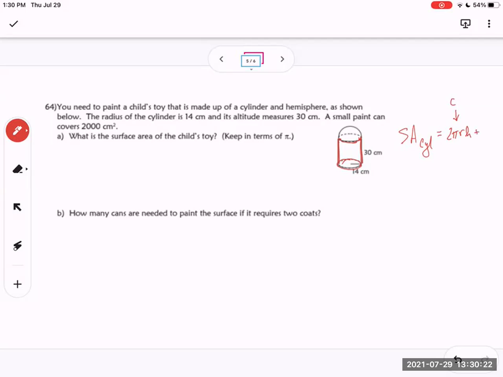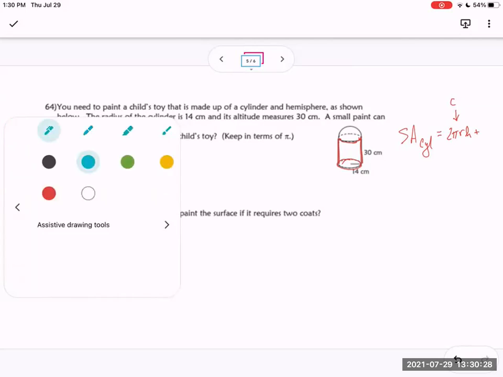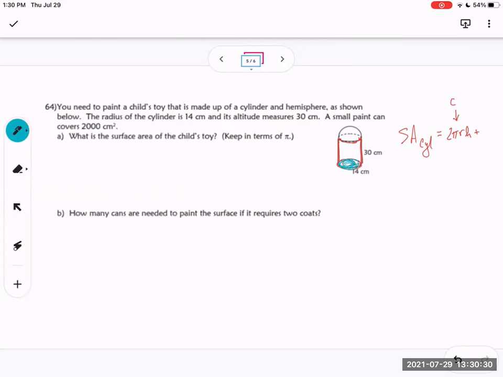But then I'm going to have to add just one of the circles, the circle at the bottom. I'll color code this for you. So it's 2 pi r h plus pi r squared, but I only need one of them. That's the surface area of the cylinder.